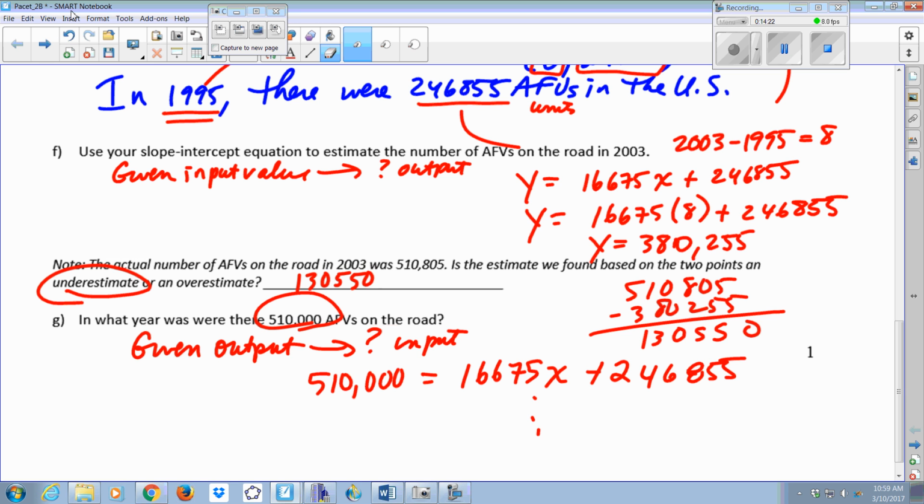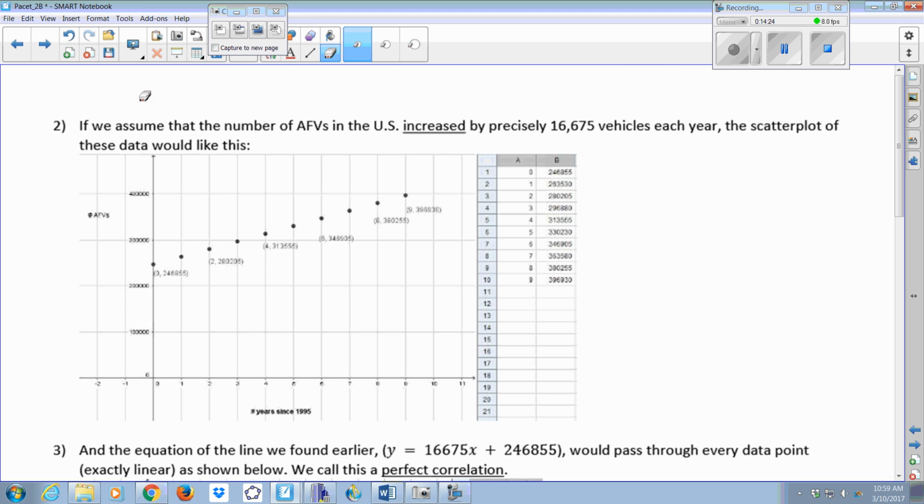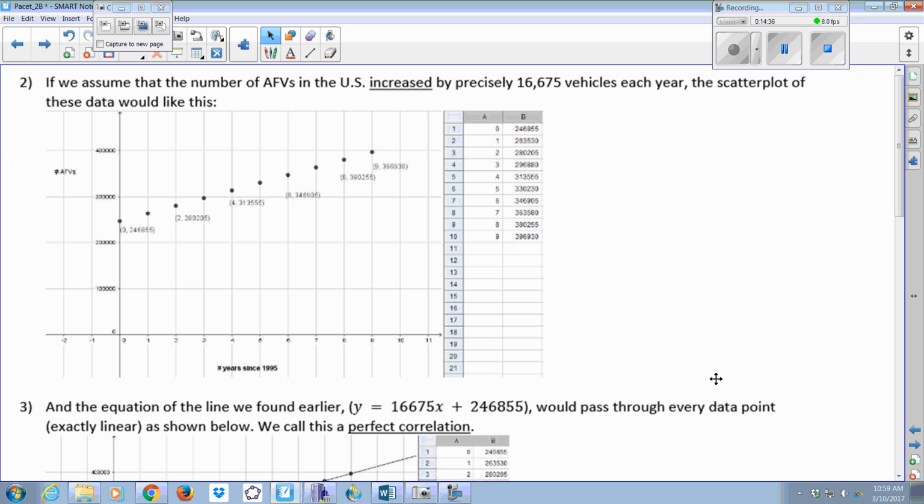Okay, so let's take a look at the rest of what we're really going to do today, which may be new to many of you. It's called linear regression, and we're going to continue to work with this story about the number of AFVs in the US. So if the number of AFVs increased each year by 16,675 vehicles, then the scatter plot would look like this.